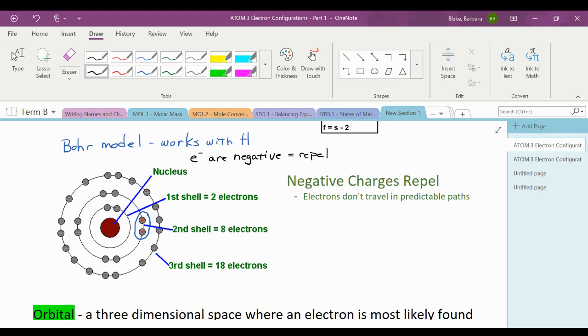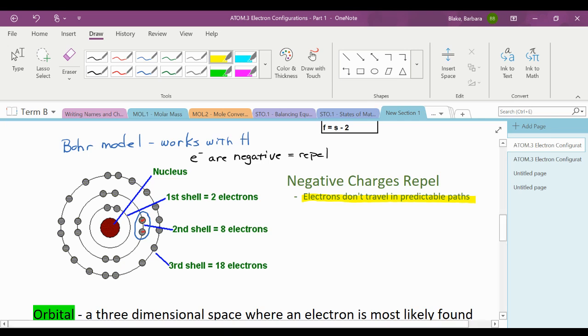When you're walking through a classroom and you're negative and they're negative, anytime you come near one of your other classmates, you're both going to push each other away. And so electrons don't travel in predictable paths because negative charges are going to repel each other. Electrons can't travel in a predictable path. And so putting the path on them is the limitation that doesn't work for Bohr.